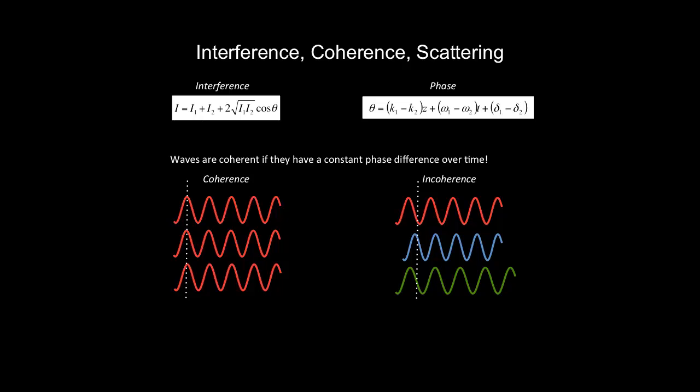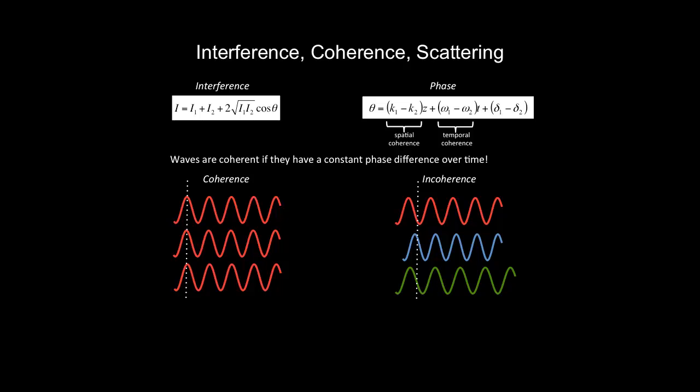If this phase varies in a random fashion over time, like here, the waves are incoherent. Now, these are two extreme cases. In real life, we deal with something in between, with partial coherence, even for lasers.